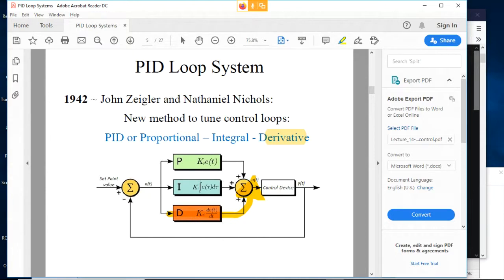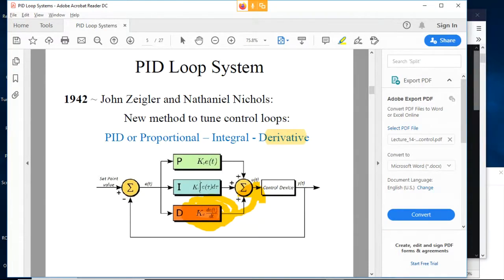A lot of times with the derivative piece, you actually want to use it to slow the system down. If the system is changing very, very fast, then the derivative piece will get very large, and the idea is for that to slow down the system.